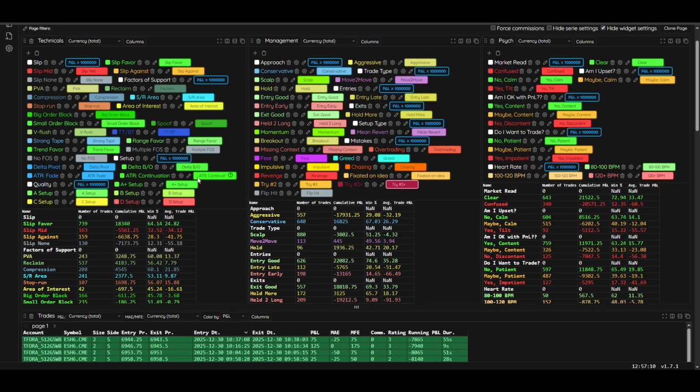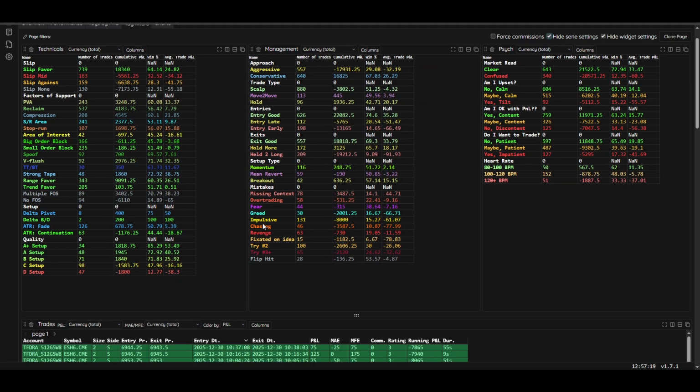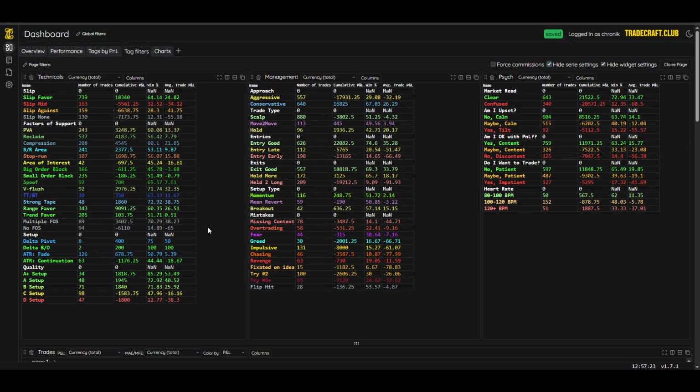This, to me, is the most important thing. I feel like the higher time frame is going to matter. So on this other window, I'm going to drag this to the front, to the very top left.